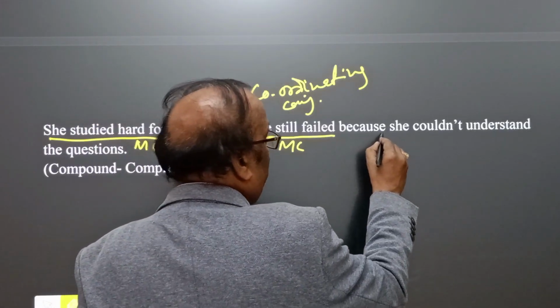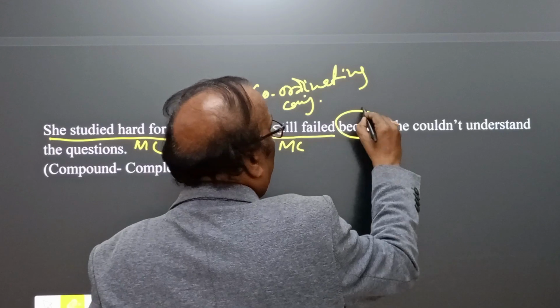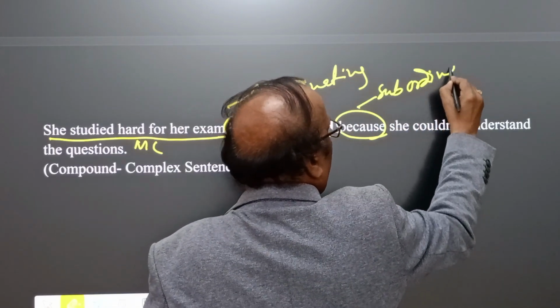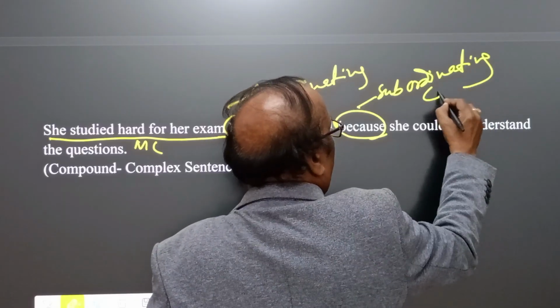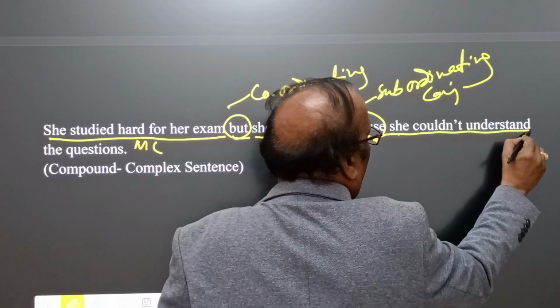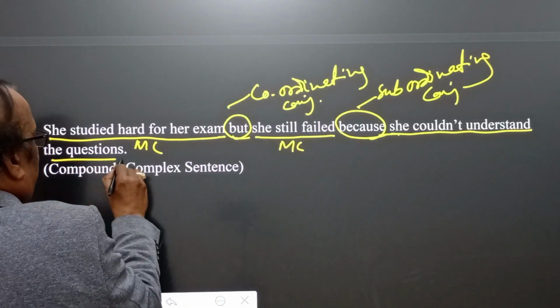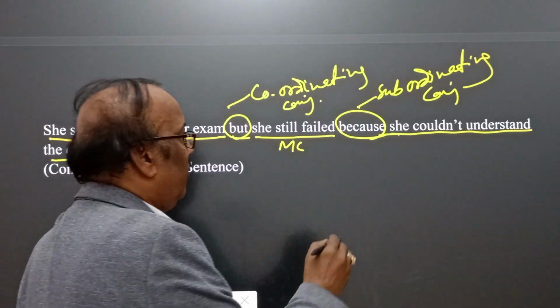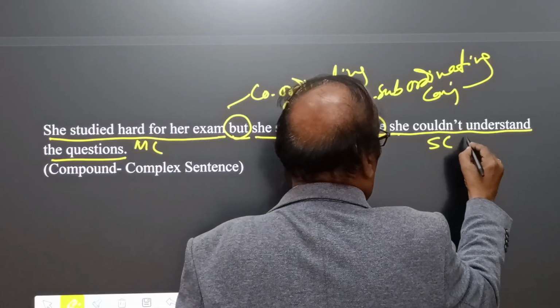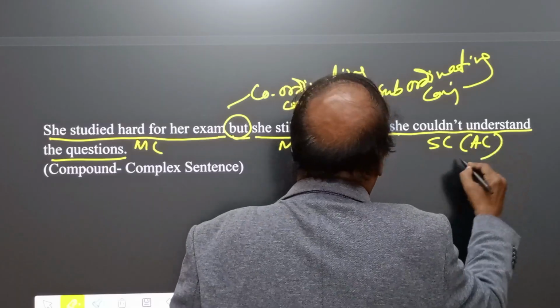Here "because" is the subordinating conjunction, and "she couldn't understand the questions" is an adverb clause.